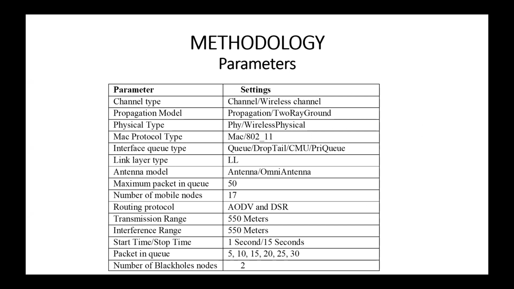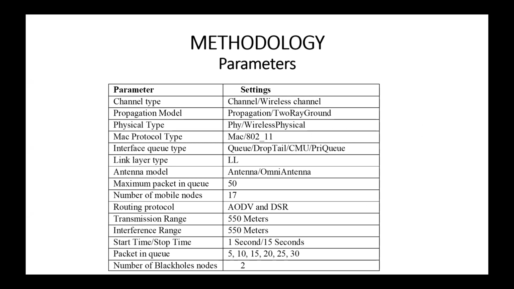The parameters that we set for this project were the channel type, propagation, physical type, MAC type, which is 802.11, the wireless interface queue, link type, antenna type, and maximum packet in the queue.